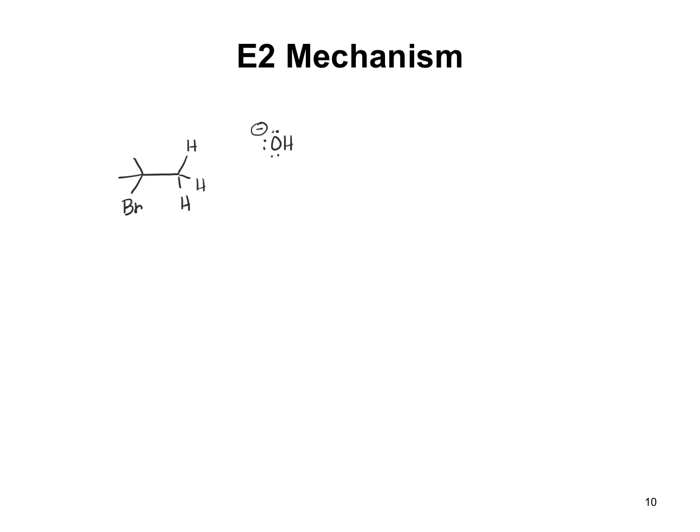So remember, it's going to attack a proton, so that's why we call it a base. So what we do is we identify the alpha and beta carbons first. So the alpha carbon has the bromine on it, that's the halogen, and the beta carbon is right here next to it. And what we're going to see is that these electrons come and they grab a proton.